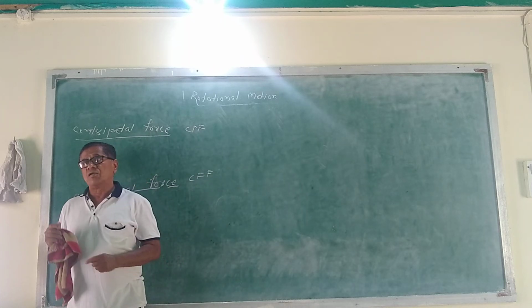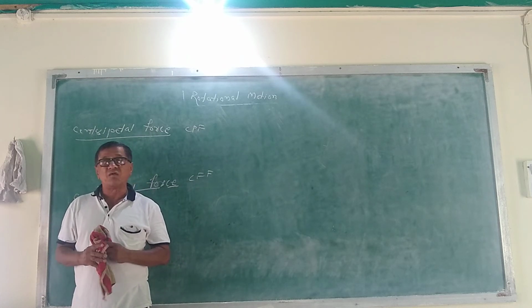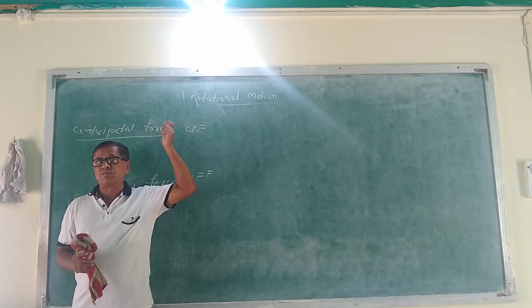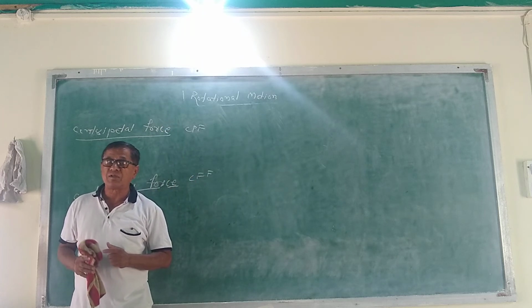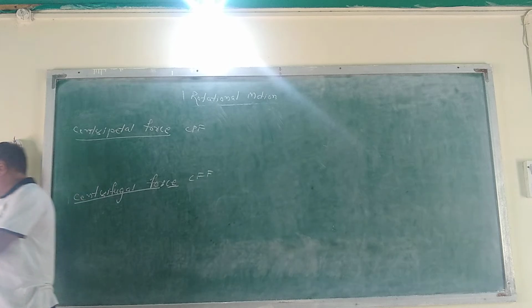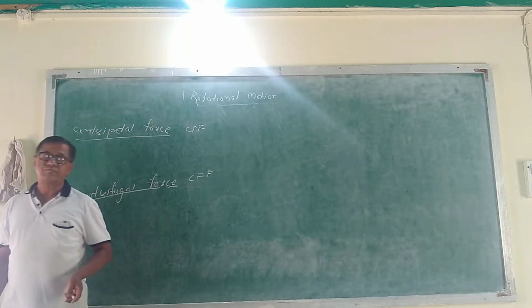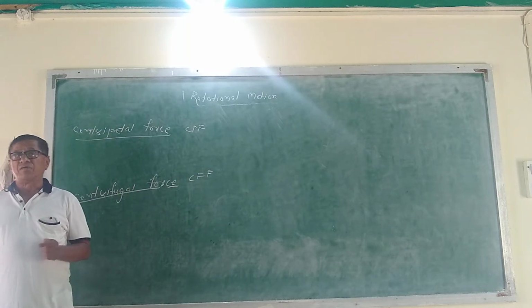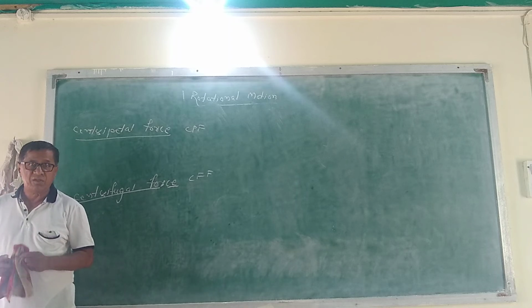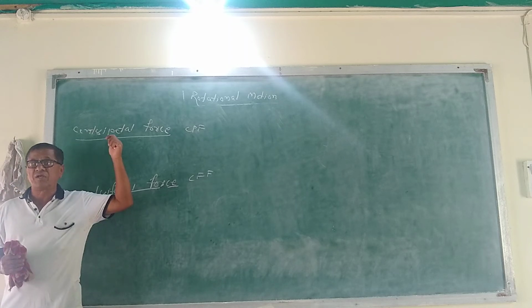Now, the centripetal force or the centrifugal force. The centripetal force is along the radius and towards the center, which is in the circular motion. That is, the centripetal force is responsible for the circular motion.